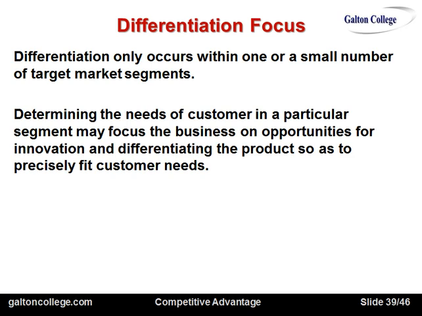Determining the needs of customers in a particular segment may focus the business on opportunities for innovation and differentiating the product so as to precisely fit customer needs. Differentiation is normally fed back through the marketing personnel, people who have an expertise in the market and can identify opportunities in the market for differentiation.